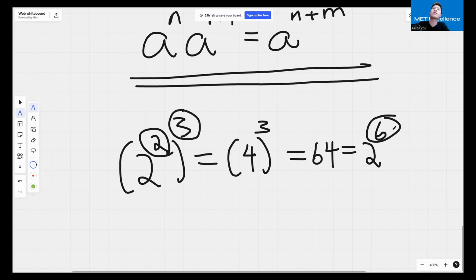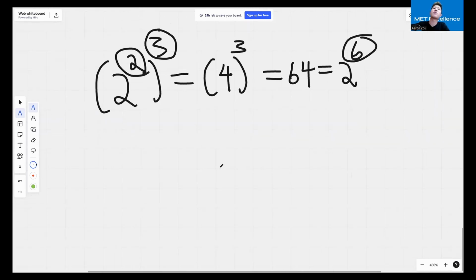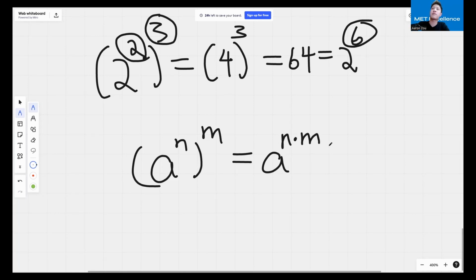I have a 2, a 3, and a 6. And if you say that they multiply together, that's correct. So here is our next rule: a to the n to the m equals a to the n times m. So this is another handy rule to know.